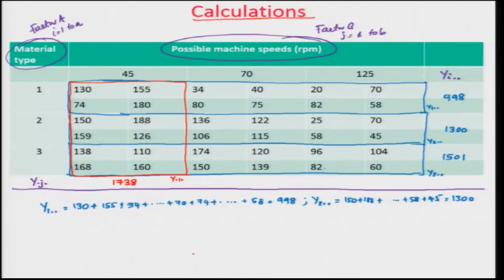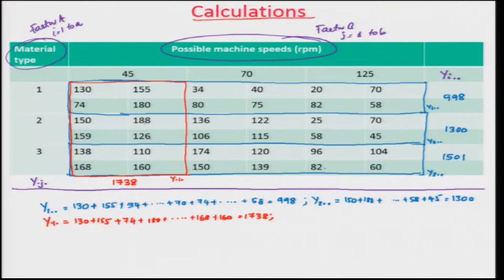How is that calculated? y dot 1 dot is equal to 130 plus 155 plus 74 plus 180 plus all the way to 168 plus 160. That value is 1738. That is how you calculate the first of the column sums.